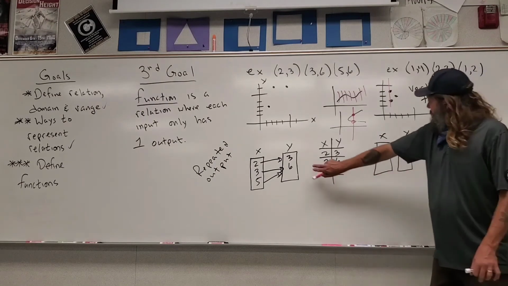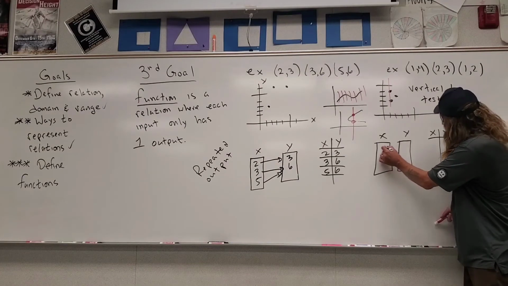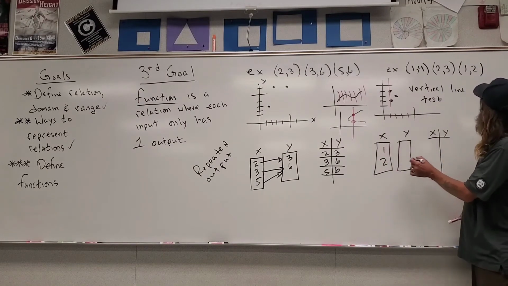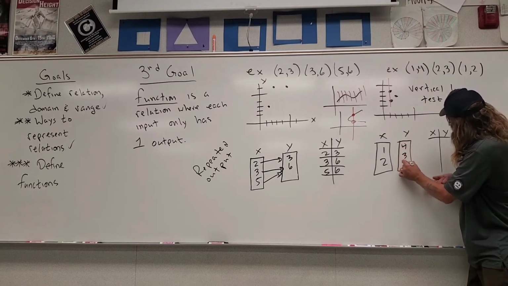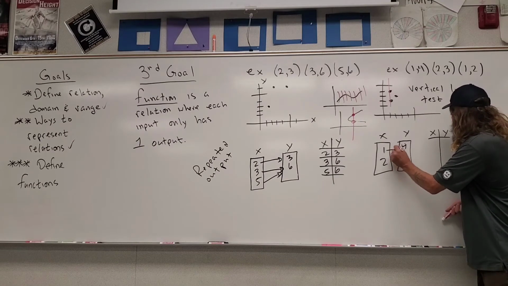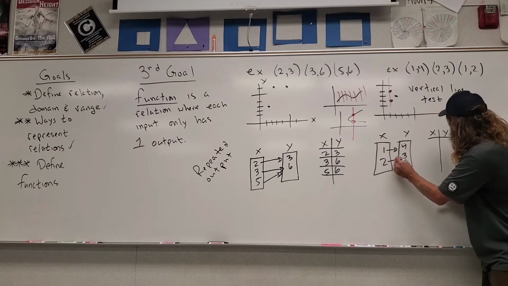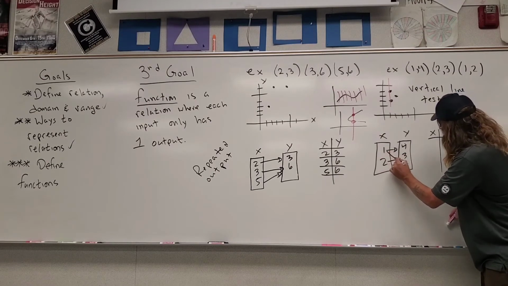Again, we don't like to repeat values, so I'm going to write my inputs as 1 and 2, and my outputs as 4, 3, and 2. It doesn't matter what order you put them in, to be honest, but 1 goes to 4, 2 goes to 3, and 1 goes to 2.